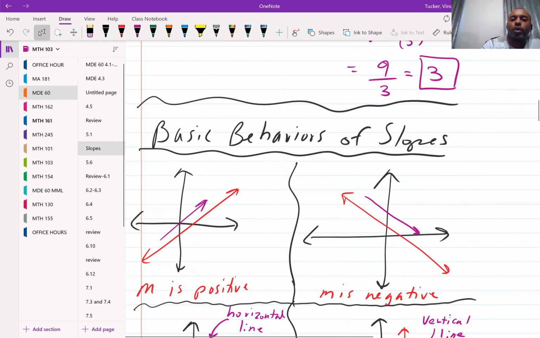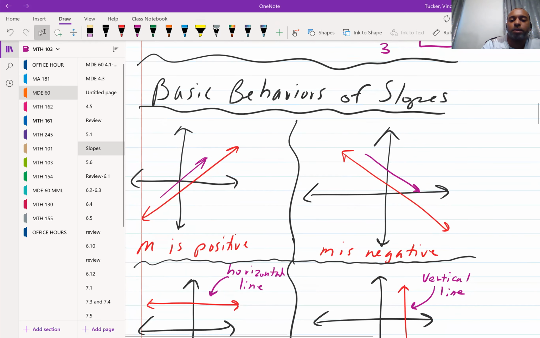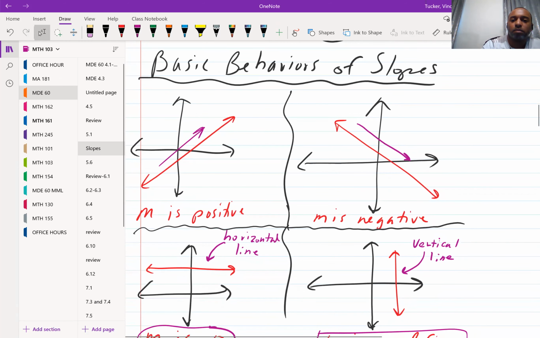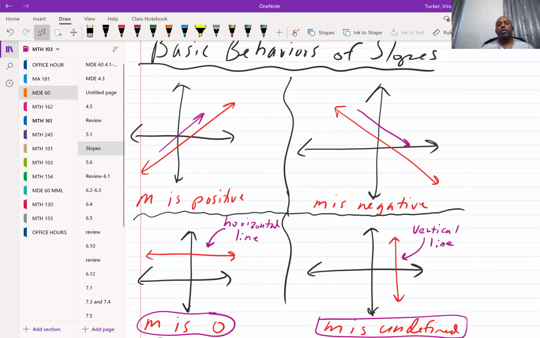All right, so there are 4 basic behaviors of your slopes. You always read your graph from left to right. If it's going up, like that first one, that means your slope is positive. If it's going down, your slope is negative. If you have a horizontal line, your slope is 0.